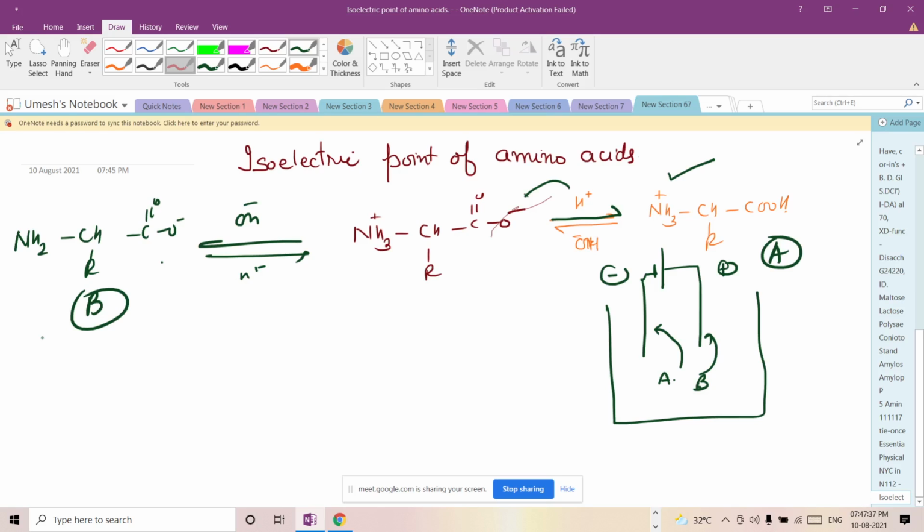There is a certain pH at which movement will not take place either toward the cathode or toward the anode. That pH is called the isoelectric point. For different amino acids, we have different isoelectric points.